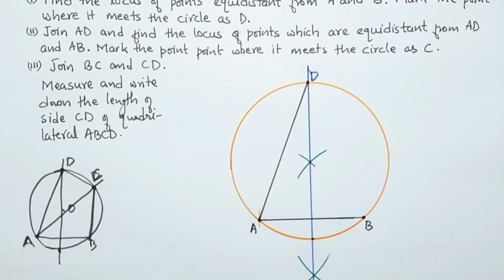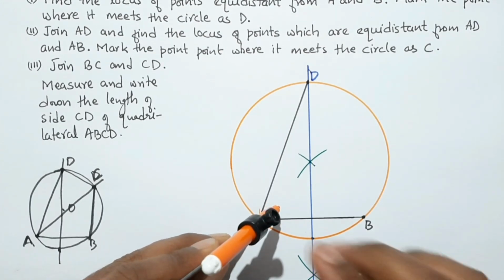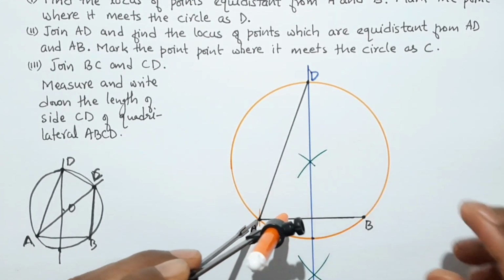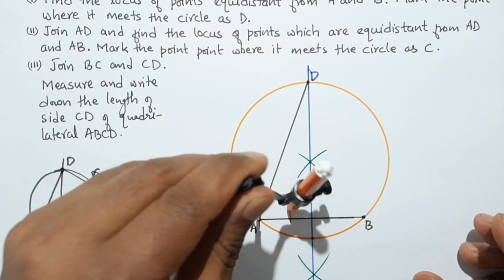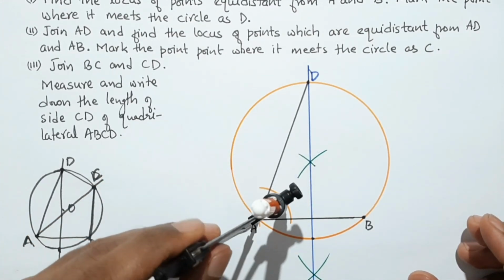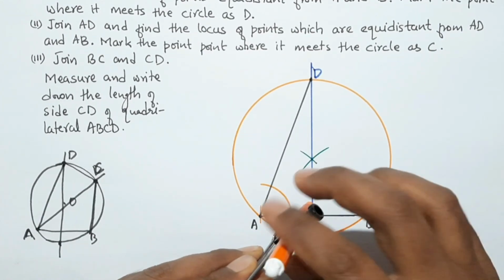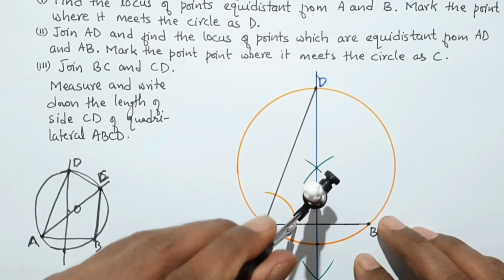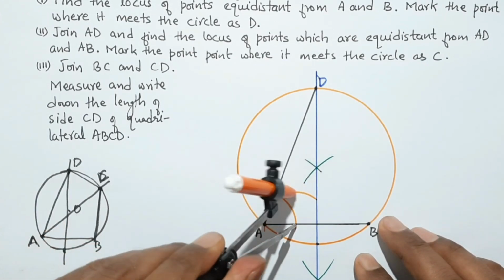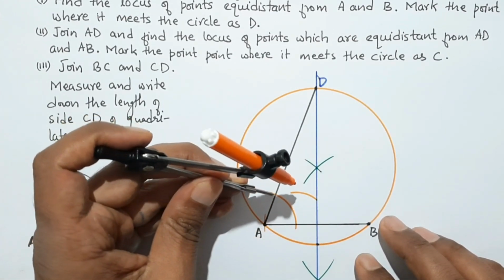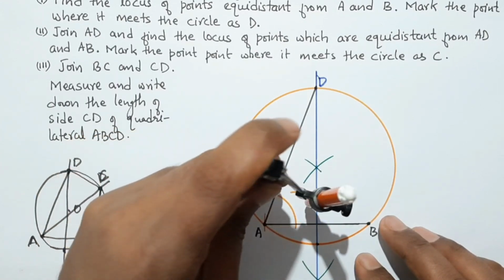That means now we are going to draw the angular bisector of angle A. For that, first we'll put the compass at A, then draw an arc to cut both the arms of the angle, and then taking the compass here, another arc here, and then from this point another arc here.